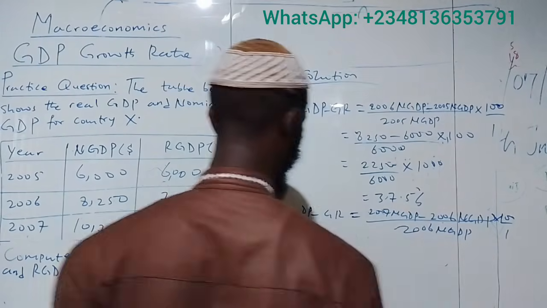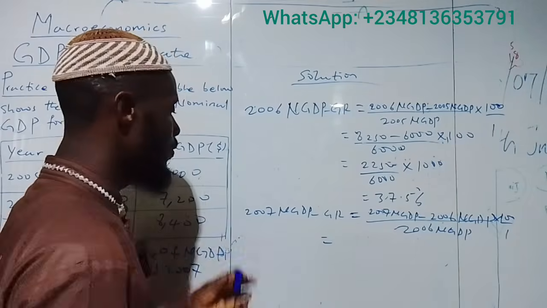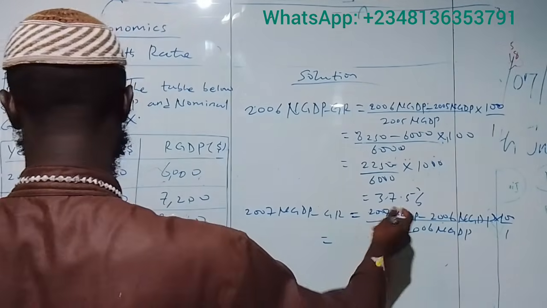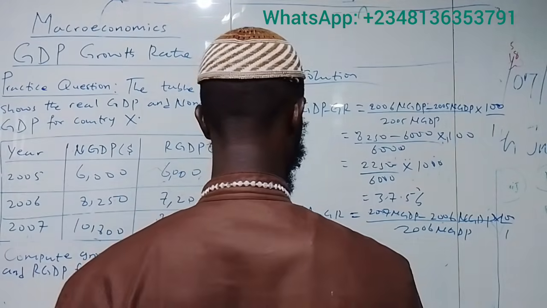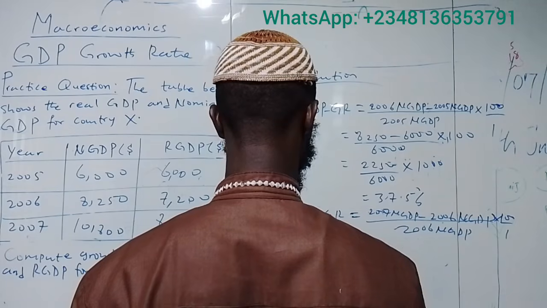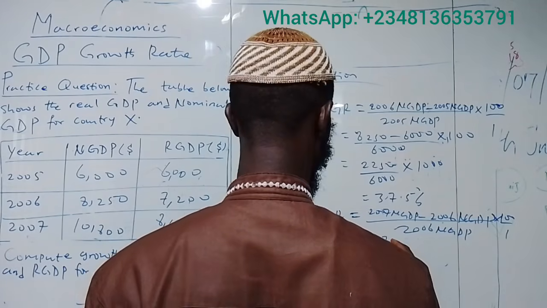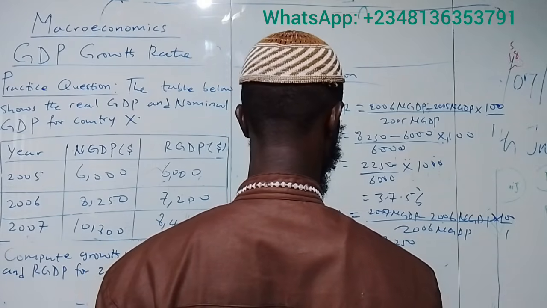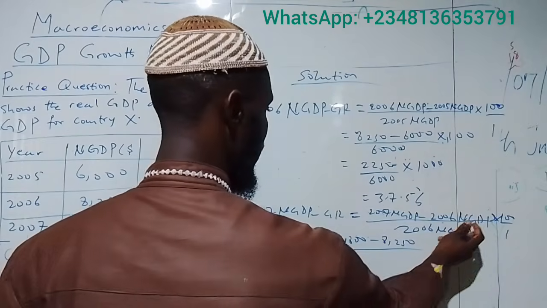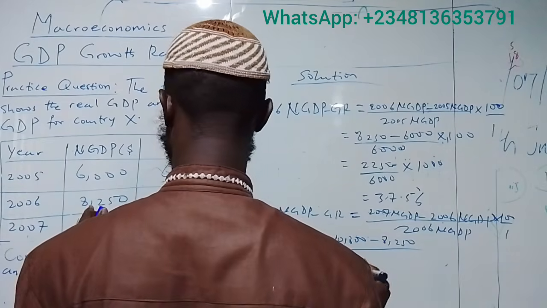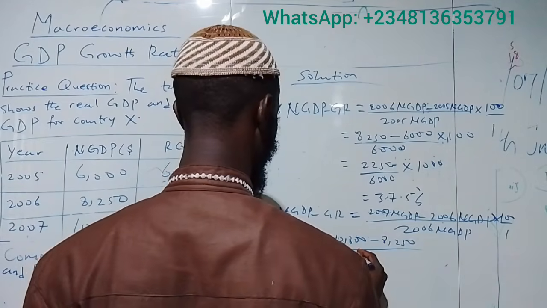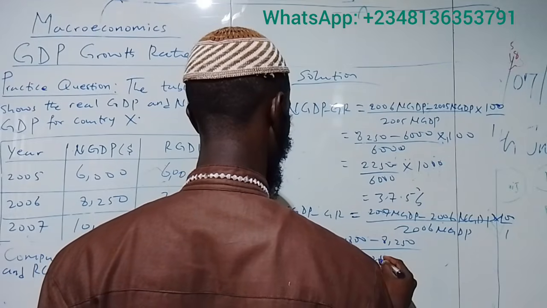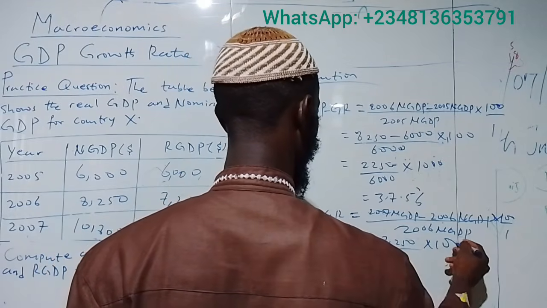What is the value of nominal GDP in 2007? We have 10,800 minus the previous one, 8,250, divided by the 2006 nominal GDP, 8,250, then multiply by 100.